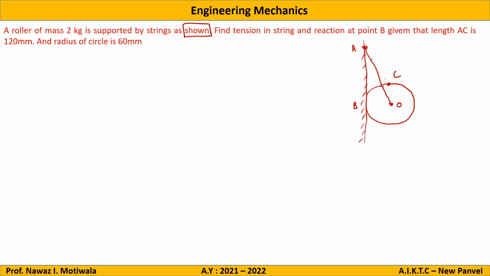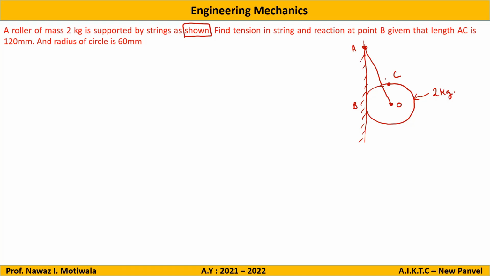So this is the diagram given, just this much, nothing else. Okay, so the question is: a roller of mass 2 kg, mind well, very simple sum but shouldn't make the mistake, it is mass 2 kg, is supported by the string as shown.